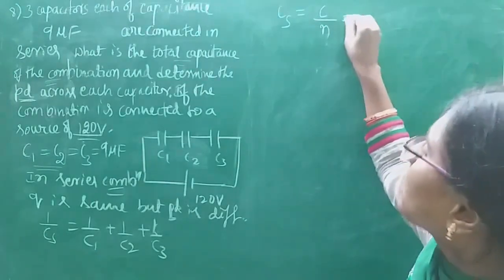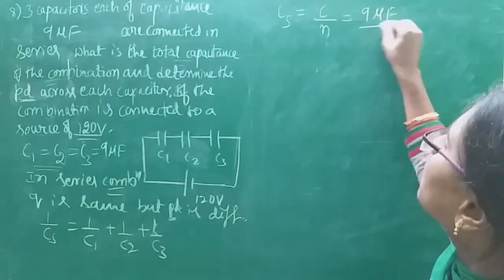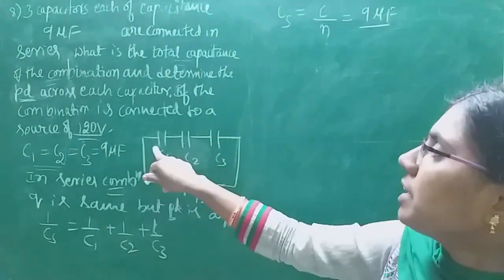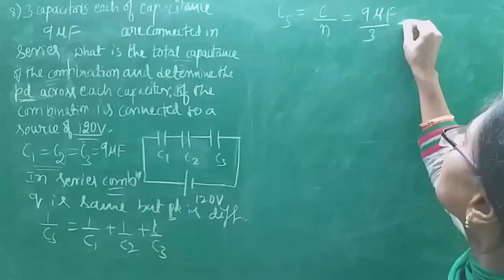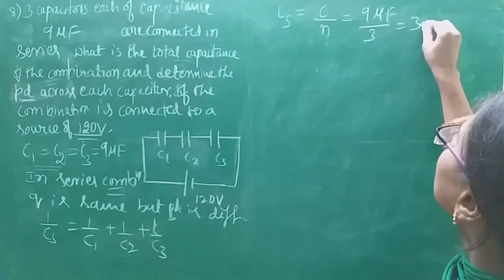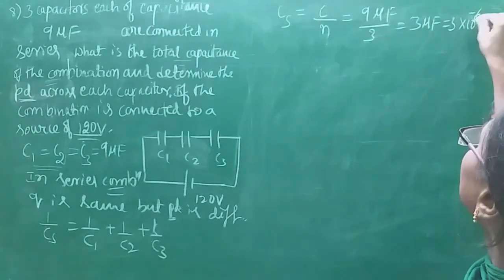So here the capacitance of each capacitor is 9 microfarad divided by the number of capacitors connected in series, which is 3. So 9 by 3, 3 3s are 9, so 3 microfarad. Micro means 10 to the power of minus 6 farad.